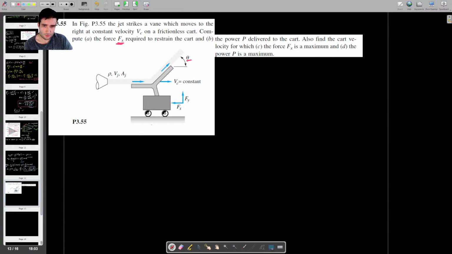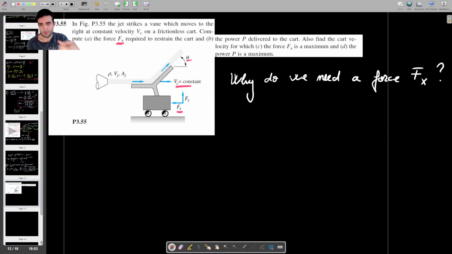So we have a force that we apply, but at the same time the velocity of the cart is constant. So the first thing that I would ask is, why do we need a force Fx? Because are we really restraining the cart if it's allowed to move?